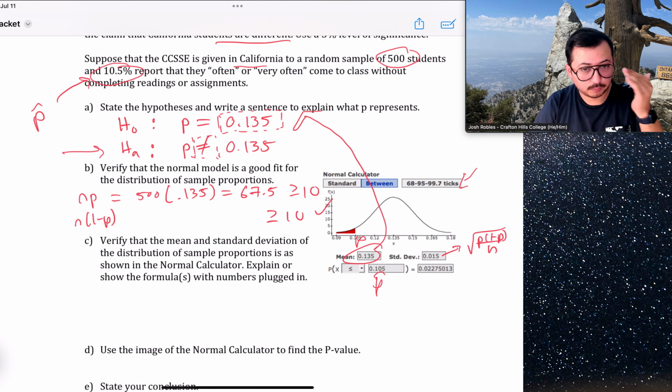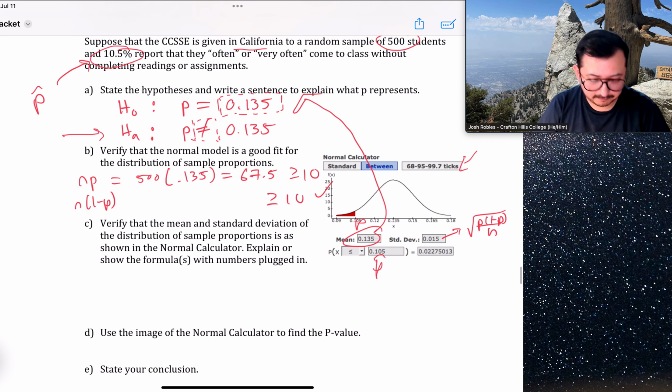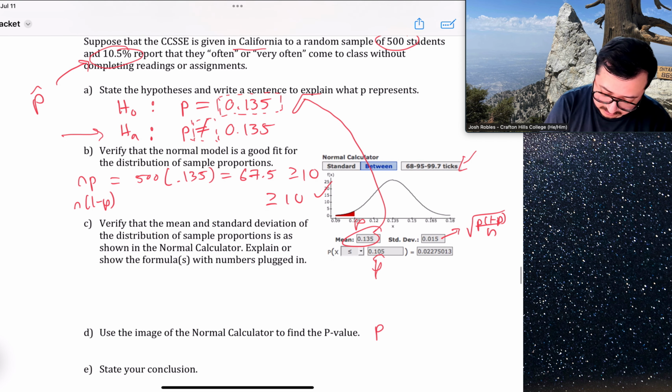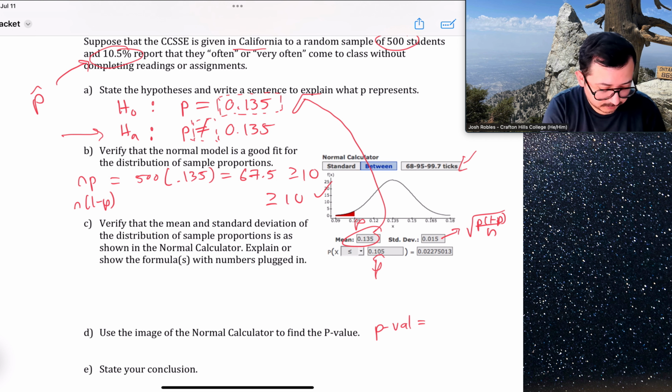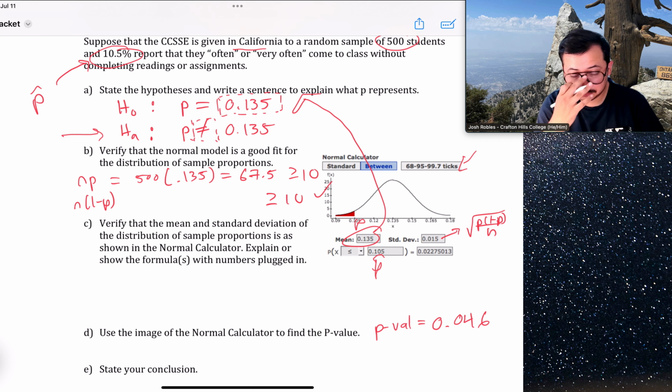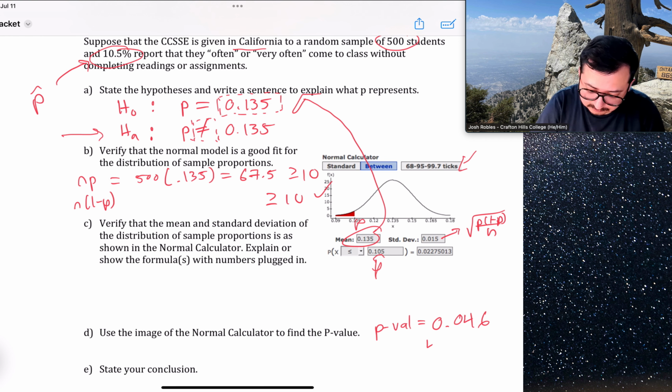So we need to double that value there. So the p-value, 0.02275 times 2, so 0.046, 4.6%.